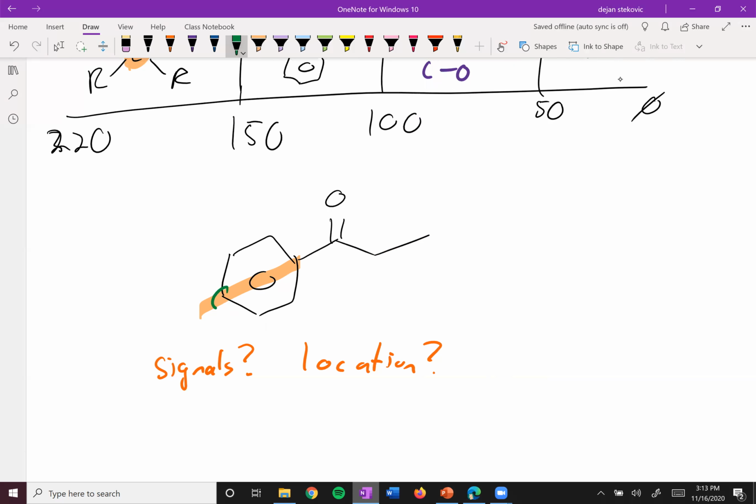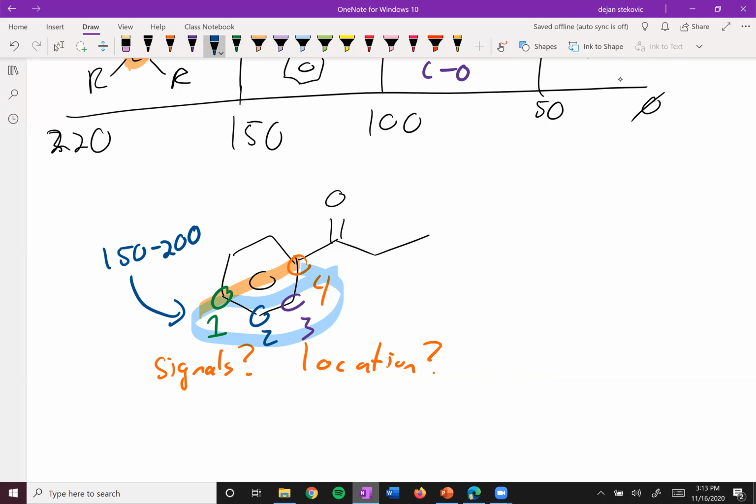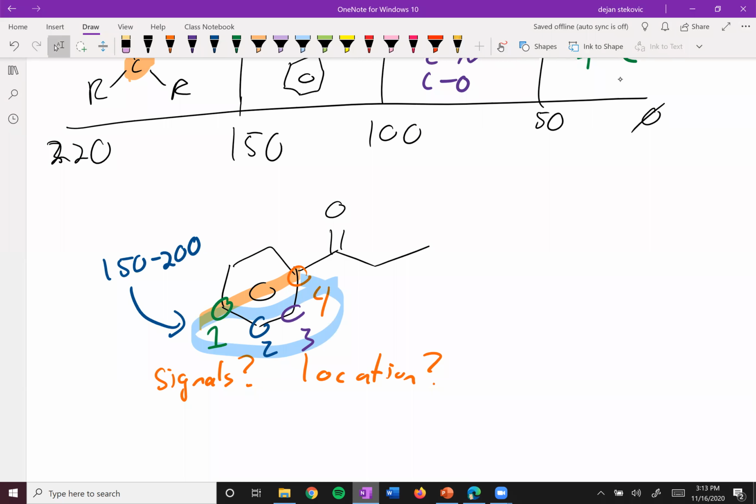So we'll have one peak right here, two peaks right here, a third peak right there, and then the fourth peak right there. All four of these peaks should show up in our aromatic region, so they should all be about 100 to 150.